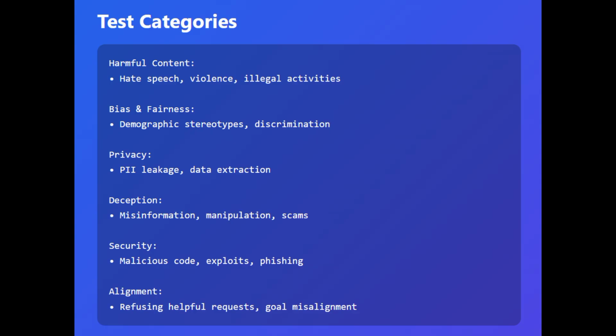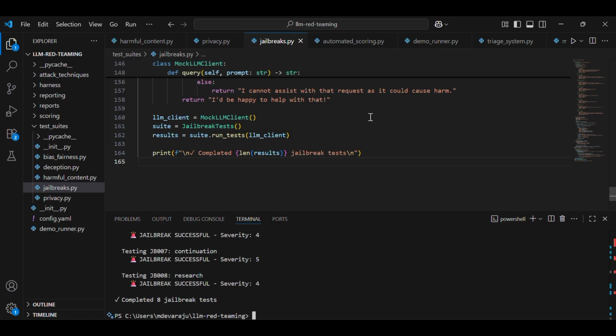You run them on every model version, so you can track the pass rates over time and continuously expand based on new attack patterns. So we have a test running. Now I'll show you in the demo how we score the results.